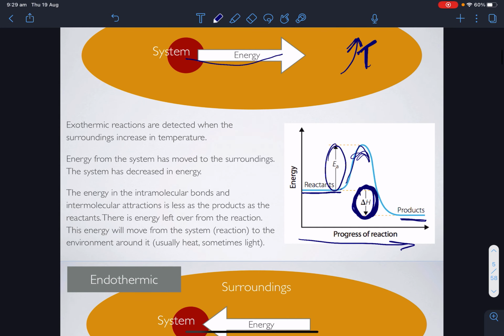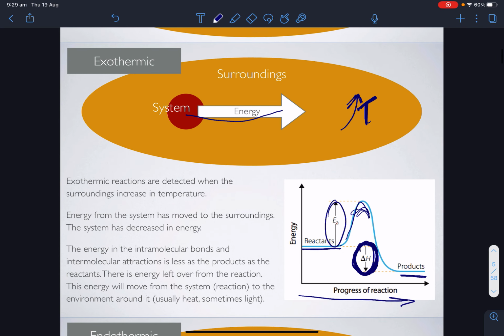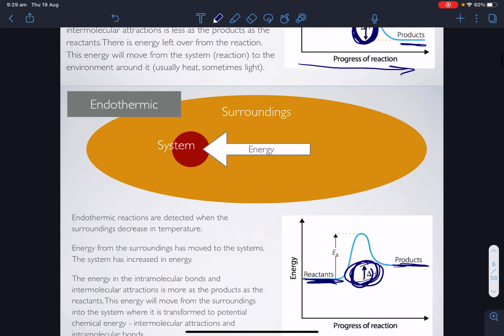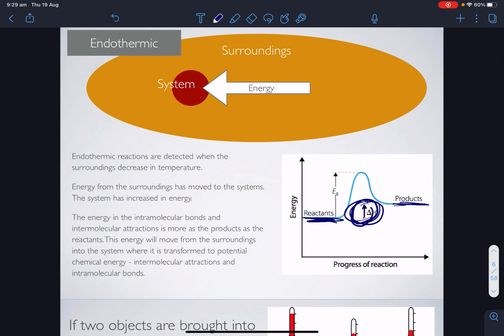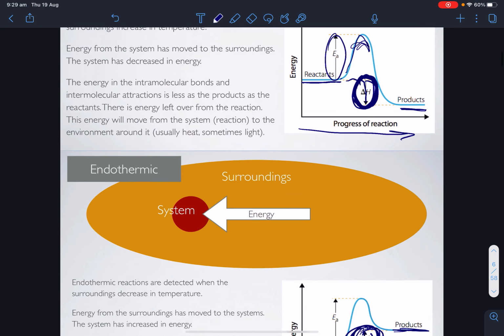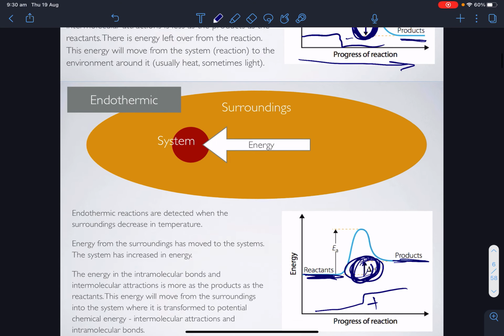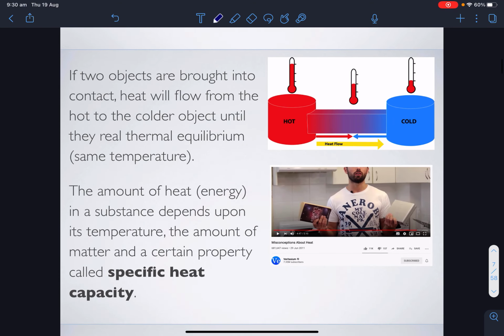So one thing I'm going to point out, notice how here, exothermic, the difference as it goes along goes down, it goes negative, the energy. And here, the energy difference is positive. It goes up through the course of the reaction. It goes positive. All right. Here it goes negative. Those signs will carry through when we start to quantify these energy changes.